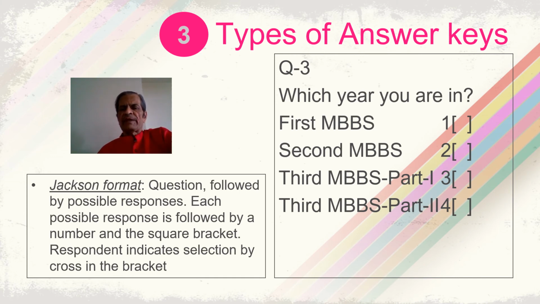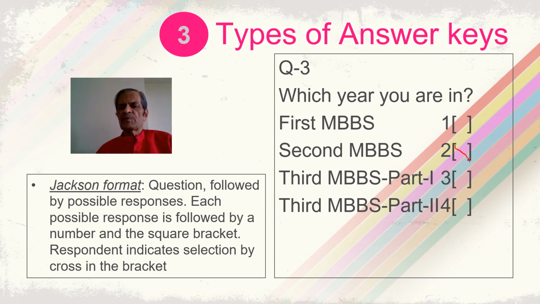We have seen that the numbers are used for coding, and they are for the data entry operator. Each possible response is followed by the number, and then it is followed by a square bracket. The selection of the response by the respondent is indicated by placing a cross in the bracket.